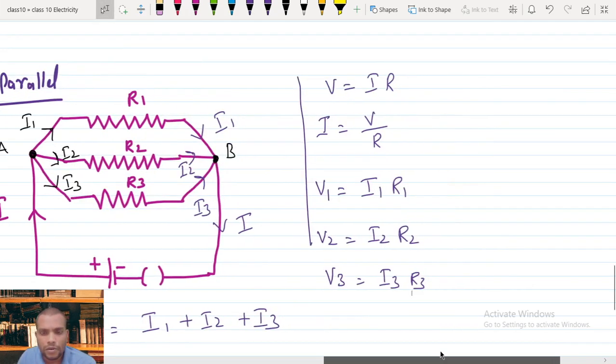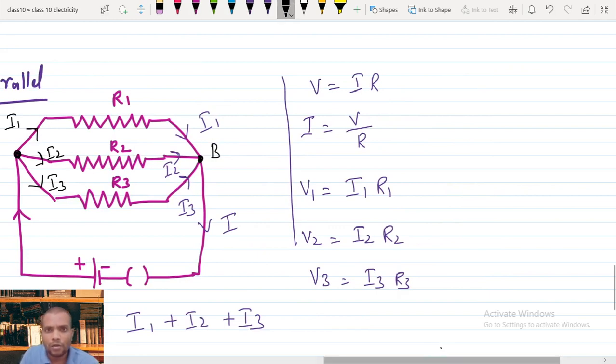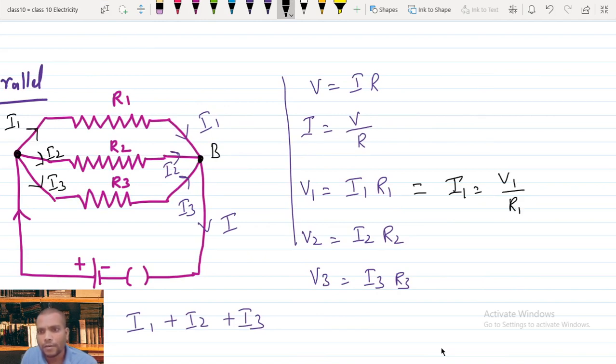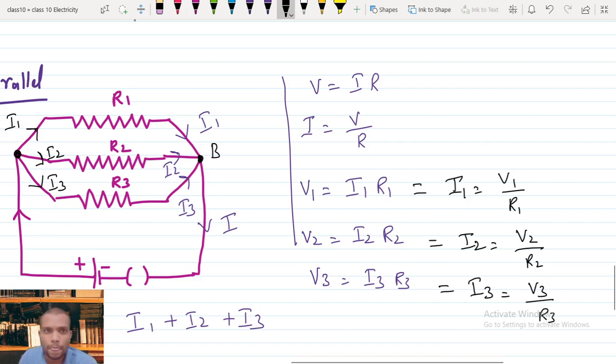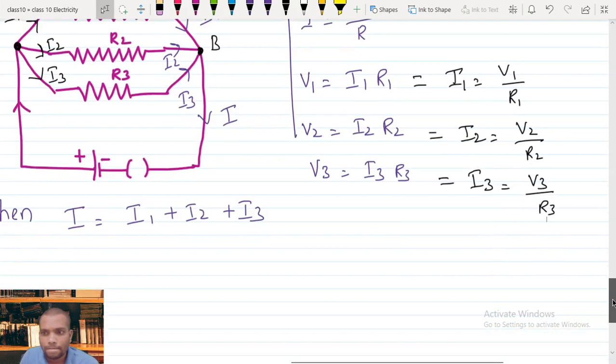Now from this, can we calculate the value of I1? So I can write that I1 equals V1 upon R1, I2 equals V2 upon R2, and I3 equals V3 upon R3. Now we can substitute all these values here.